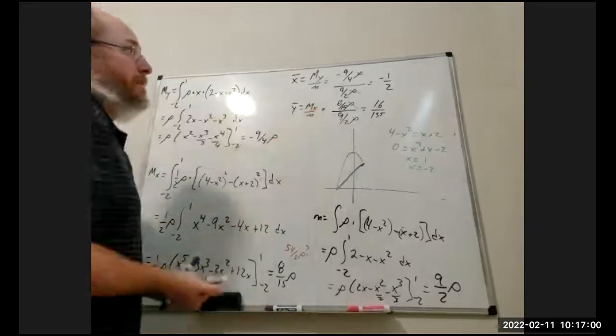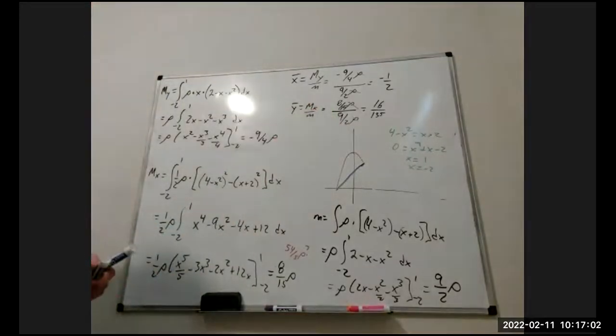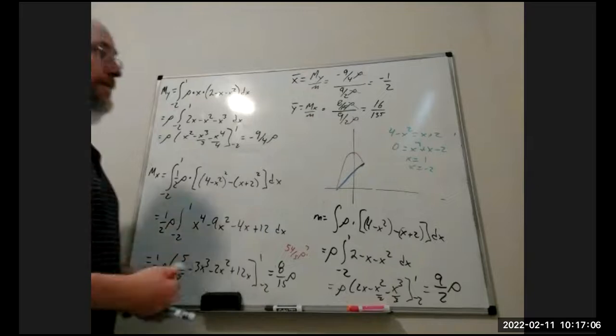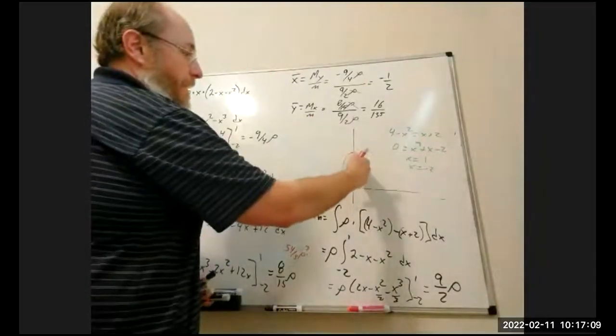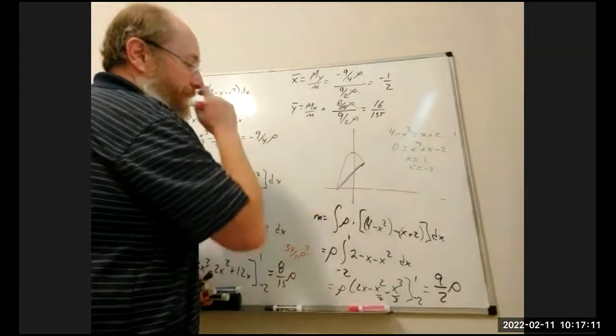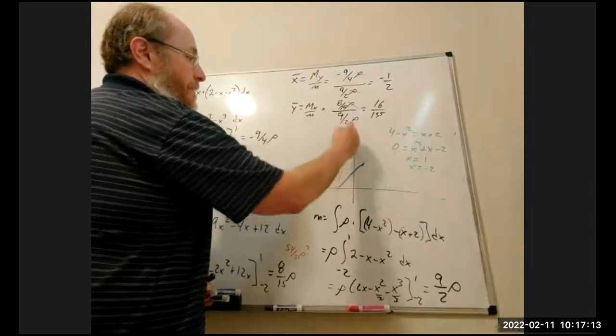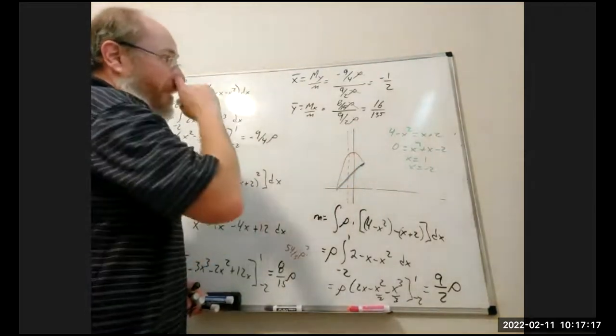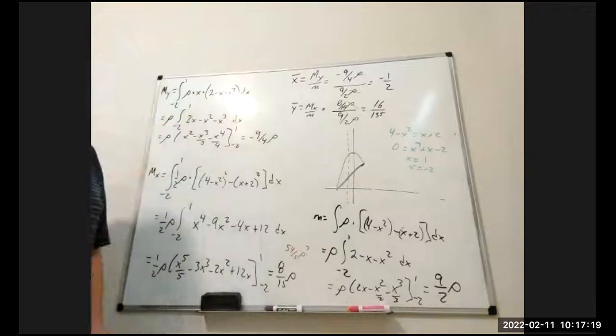But regardless, let's just take a look at what this is saying then. The center of mass, the x bar, is negative 1/2. So that means that the center of mass is somewhere over here, negative 1/2. And then our y bar is 16/135.